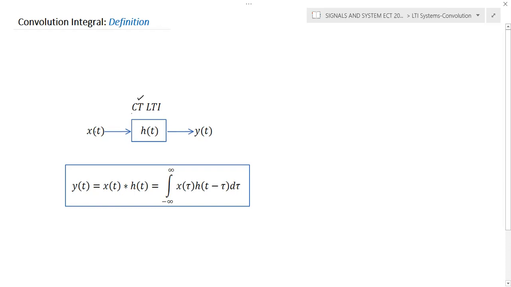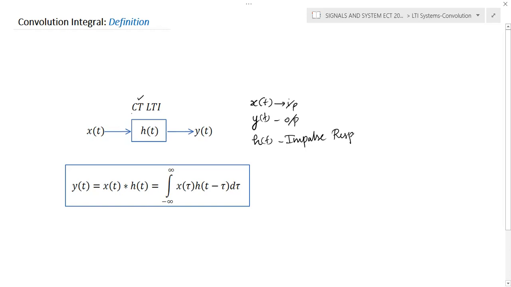And here you can see that x of t is representing the input of the signal, and you can see y of t, the output of the continuous time LTI system. And here you can see h of t, and h of t means the impulse response.